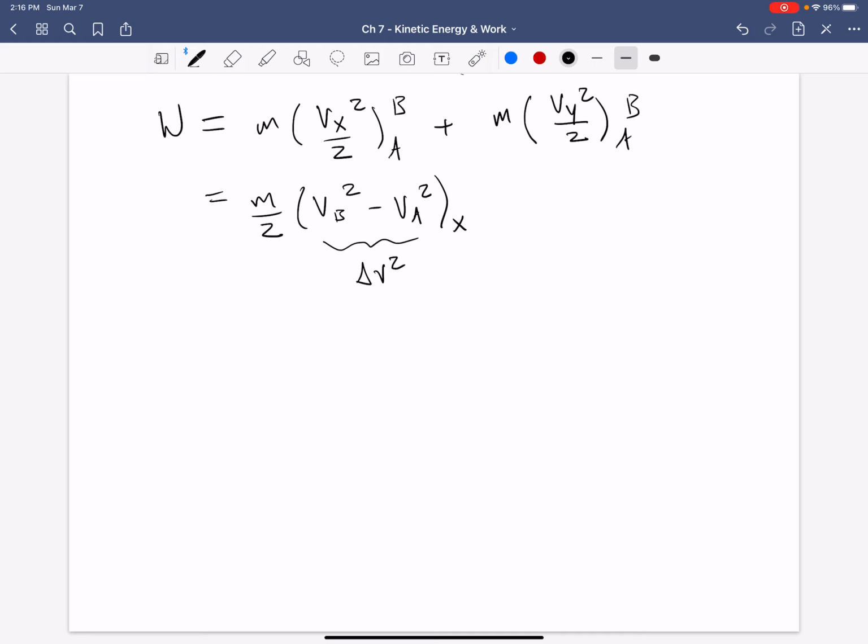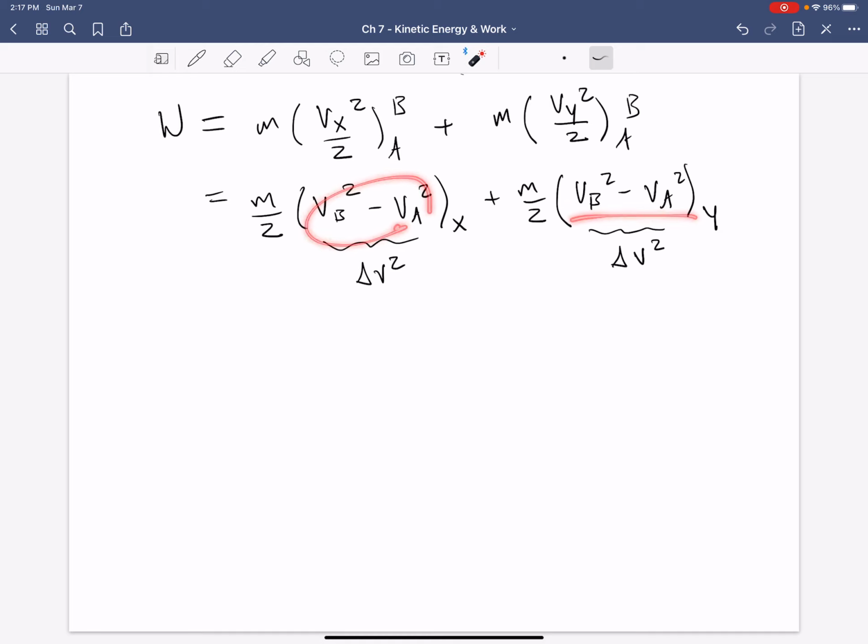That's all that means. It's a change. Doing the same thing for the y direction, minus V initial squared, and that's in the y direction. Also a delta V squared.